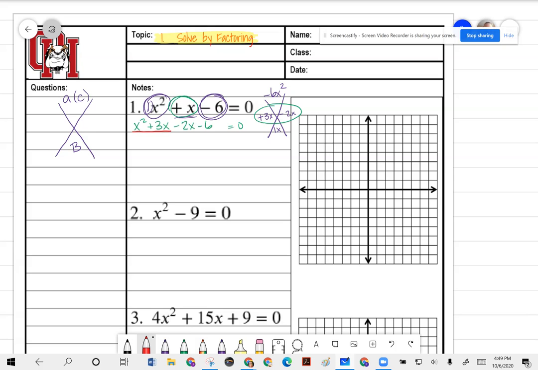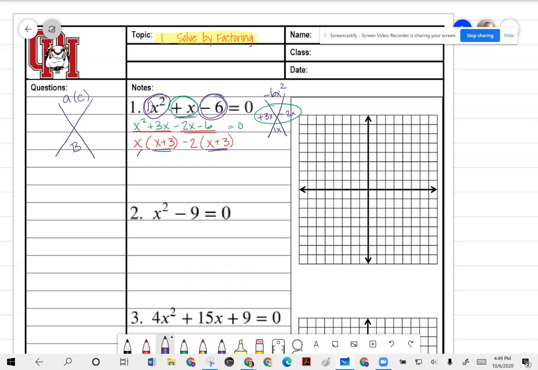So you're going to focus on the first 2 and pull out the GCF. Check your work by redistributing. And then the second 2 also pulling out the GCF, which in this case is -2. And you should know if you're on the right track because these two guys should match. And if they don't match, then you've got a problem.